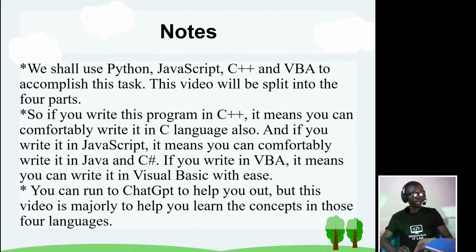You can also build this using Visual Basic, because if we learn how to use Visual Basic for Applications, which comes in Microsoft Excel, I'm pretty sure you can build this in Visual Basic.